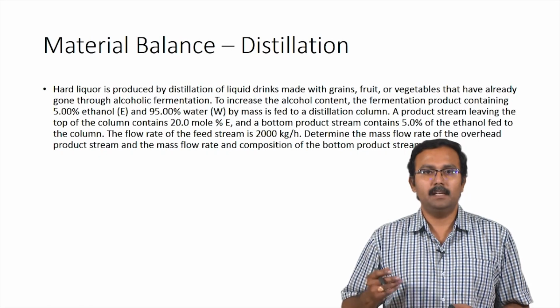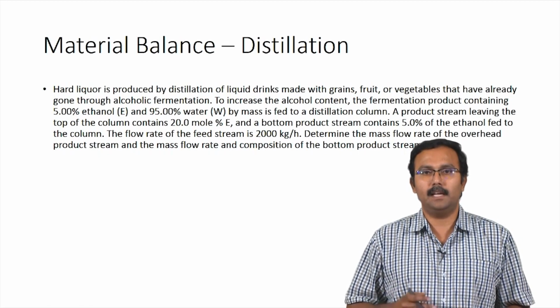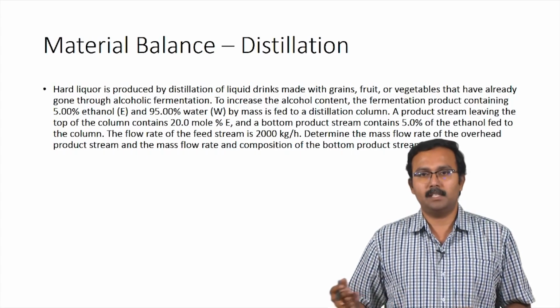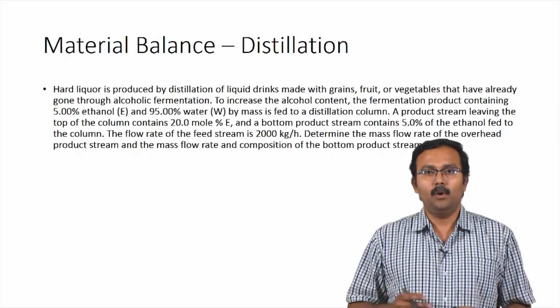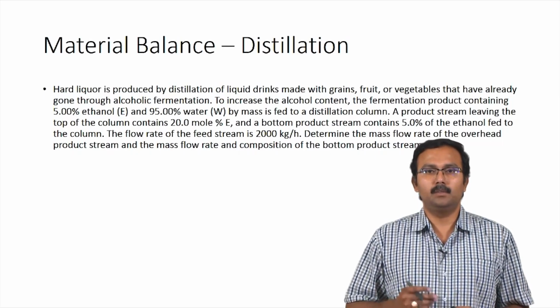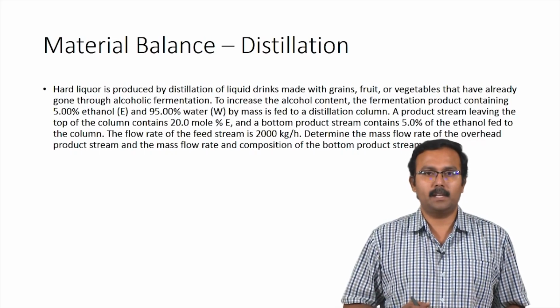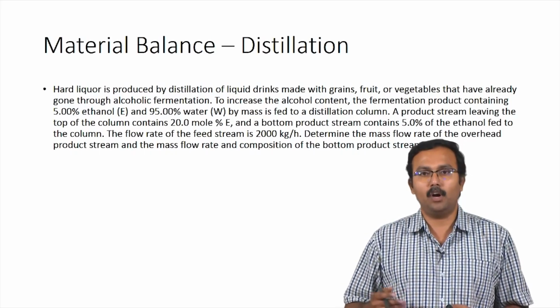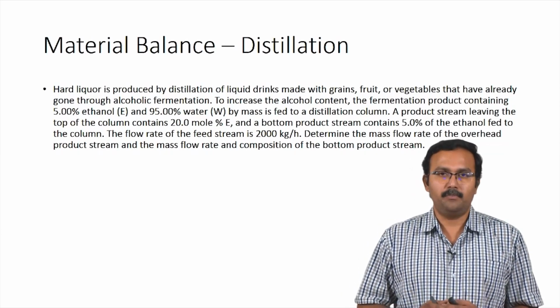A product stream leaving the top of the column contains 20 mole percent ethanol, and the bottom product stream contains 5% of the ethanol fed to the column. The flow rate of the feed stream is 2000 kilograms per hour. Determine the mass flow rate of the overhead product stream and the mass flow rate and the composition of the bottoms product.